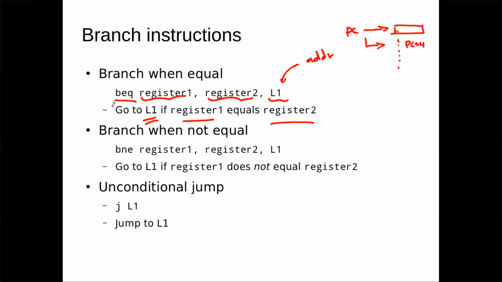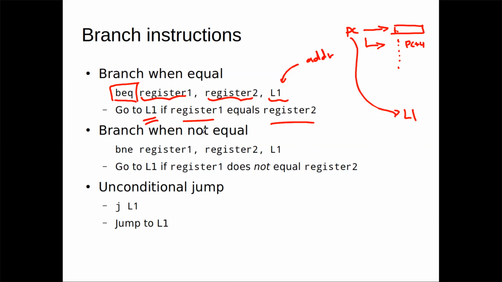But if you encounter a branch when equal instruction, this PC will change and will go to this label L1. These labels are generated by the compiler or by the assembler, because either one knows where the specific code will be in memory. We'll see in a second, we'll take a look at the example.